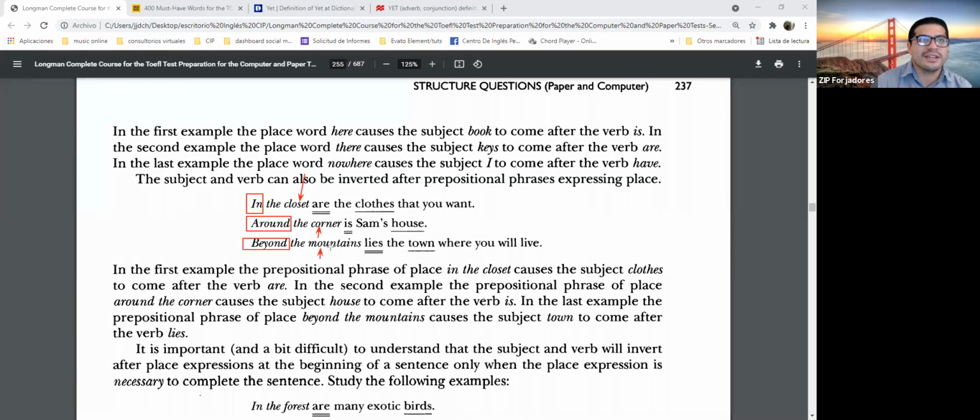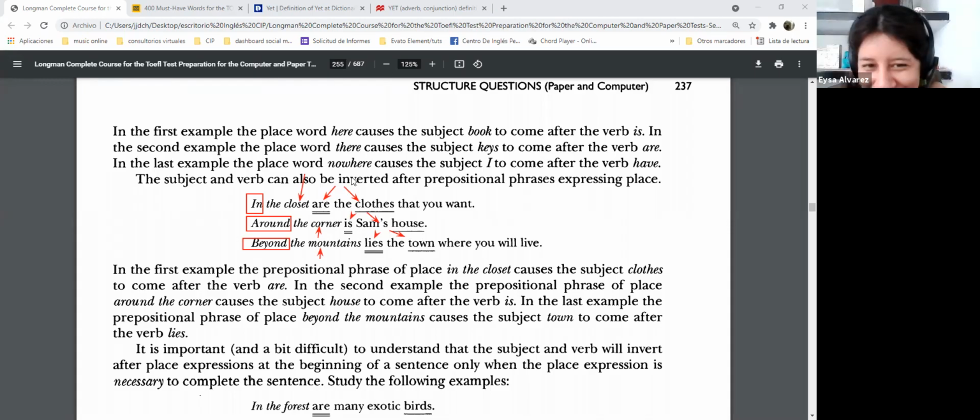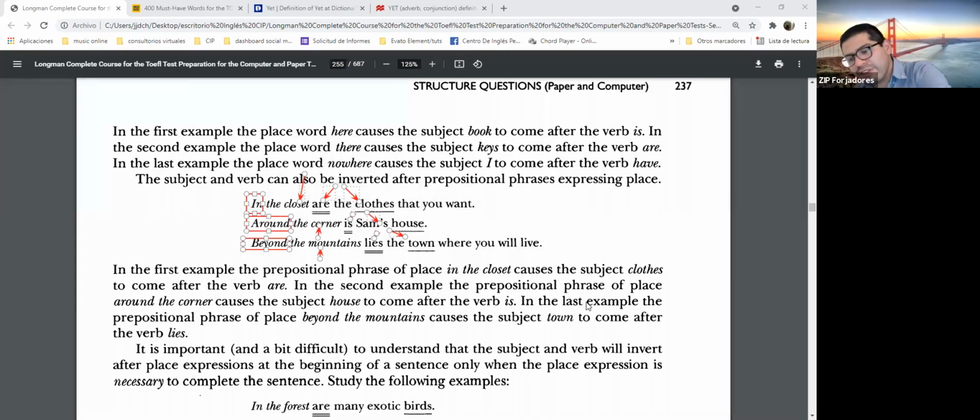In these cases we are also going to invert the verb and the subject. So you remember that. Prepositional phrases or sentences, but just about place.